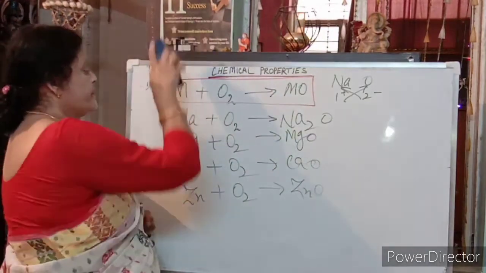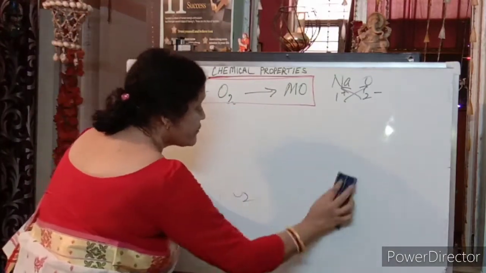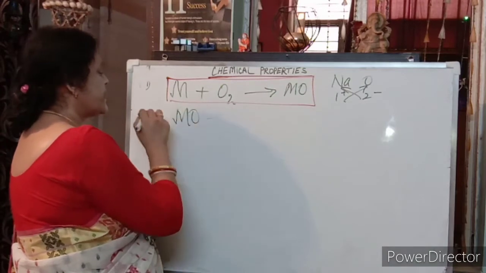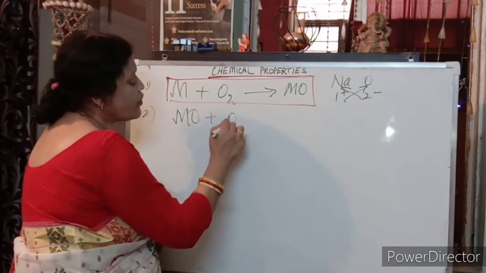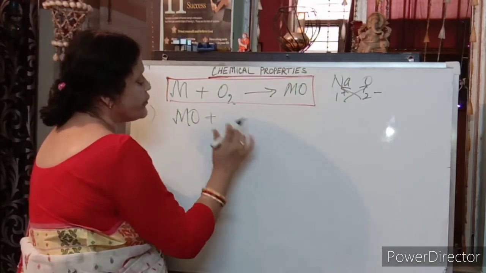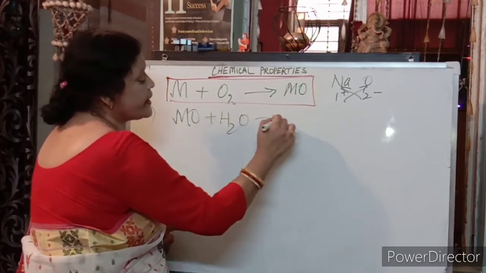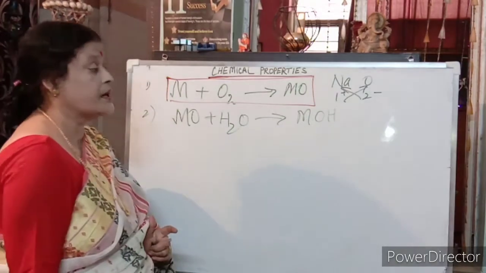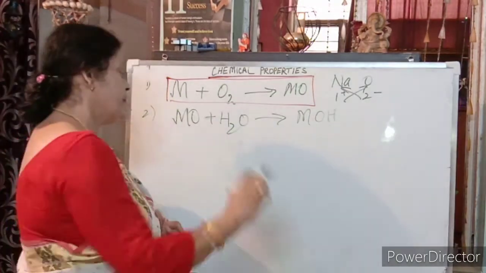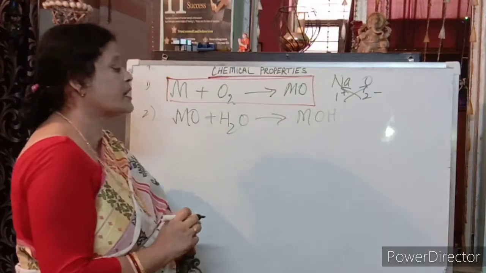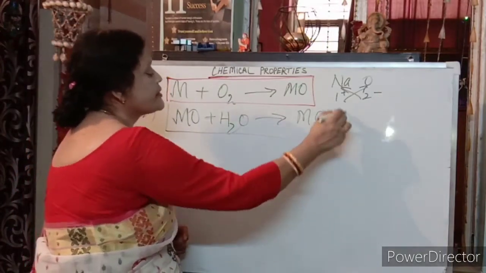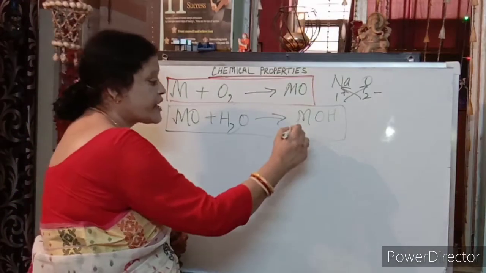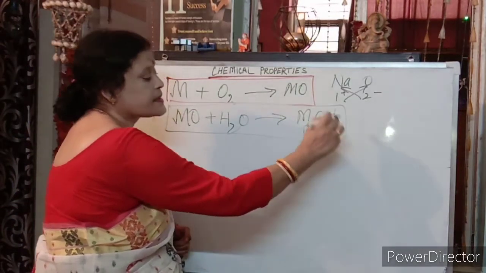Yes? Now, next reaction. When metallic oxide reacts with water, it forms metal hydroxide. Now, metal hydroxide means we are talking about a base.